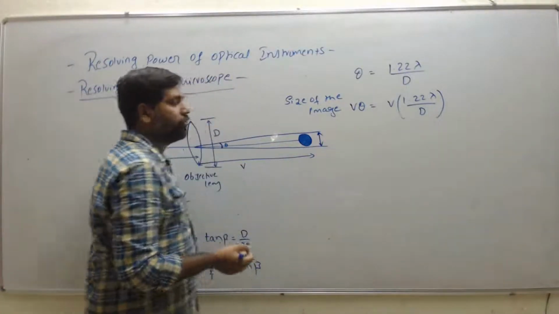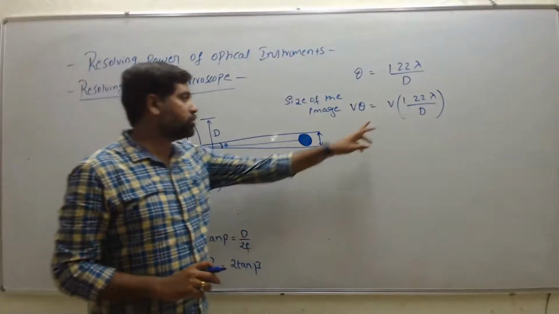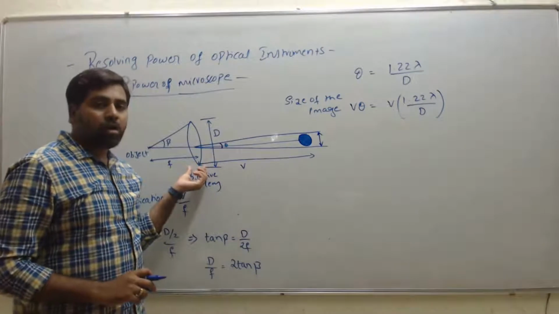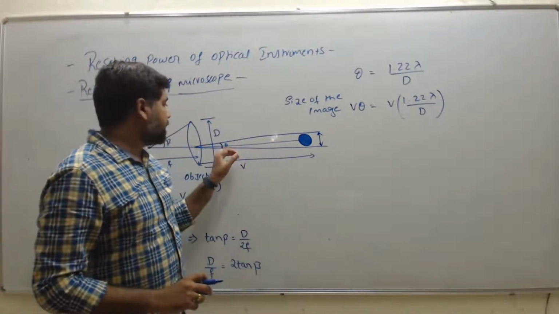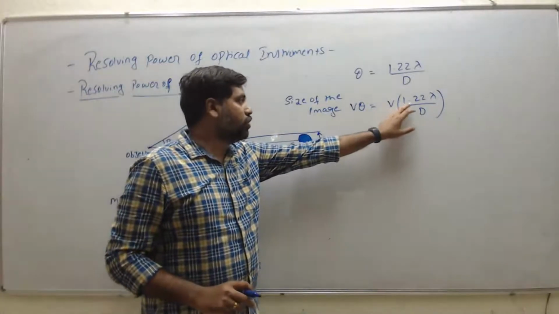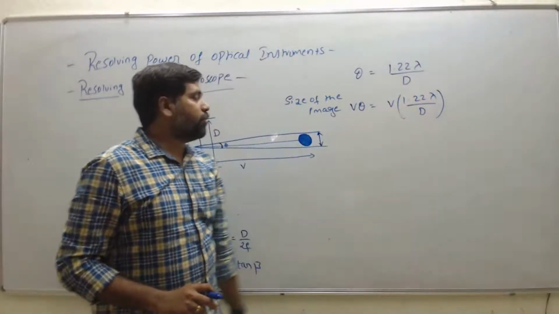So V theta is equal to V into, where V is the distance of the image from the objective lens and theta is the angle separated by the image. So V theta is equal to V into 1.22 lambda divided by D.